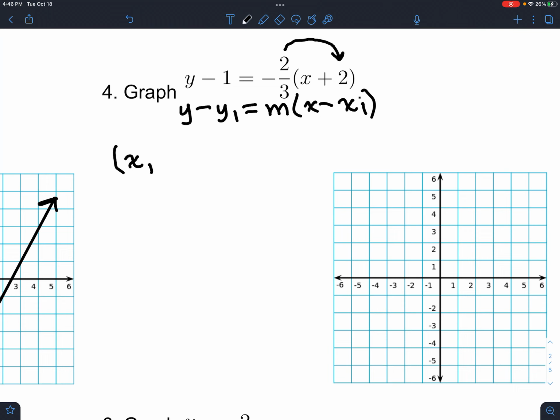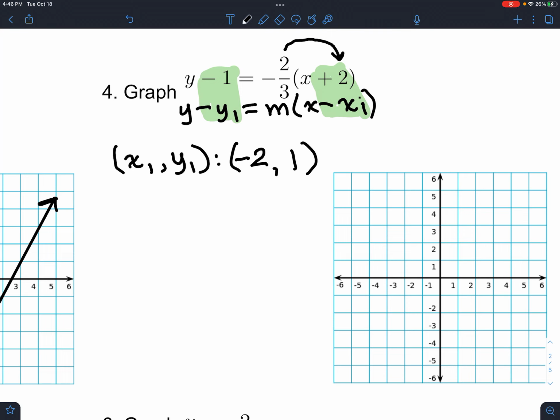And this time, we don't care what b is. We want to know what the point is. x1, y1. And if we look here, just at this part, what does y1 need to be so they match? 1. And if we look over here, what does x1 need to be so they match?